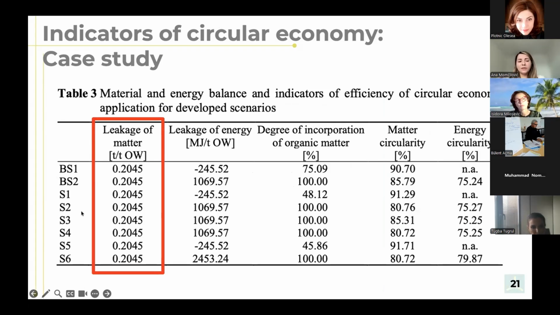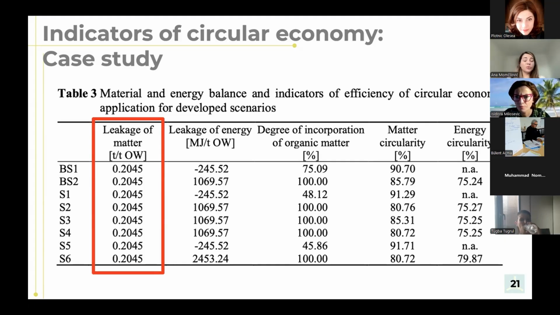We have leakage of matter, and it's actually the surplus of compost, because we take organic waste not only from the fields but also from the industry, and we don't have enough fields to return the compost to.